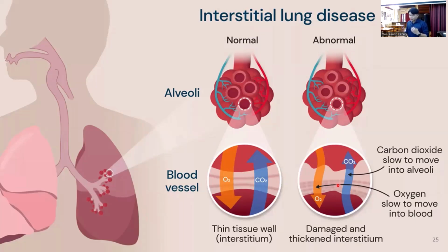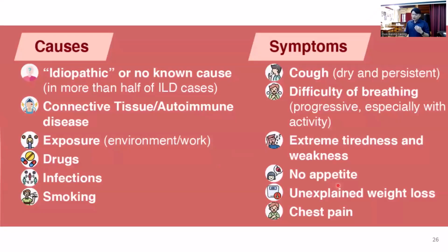In interstitial lung diseases, the interstitium will be damaged and fibrous, so it will be weakened, and gas exchange will be inefficient. It's caused by idiopathic, which means we are not very sure of the cause. Other causes include connective tissue diseases, autoimmune diseases, exposure, drugs, infection, and smoking.